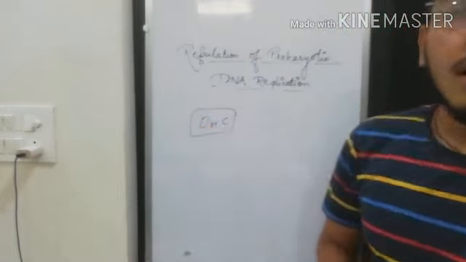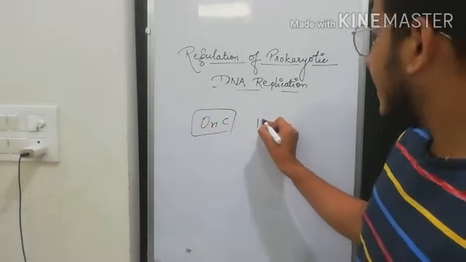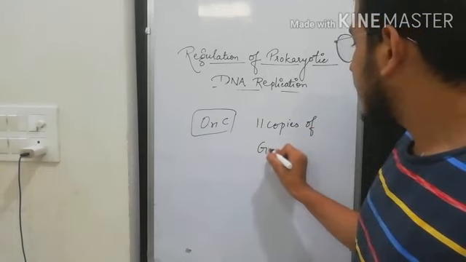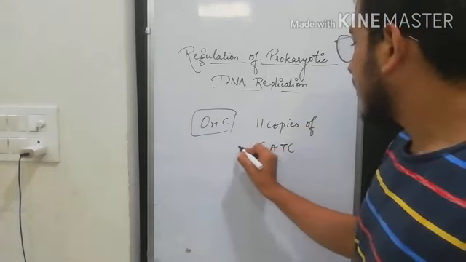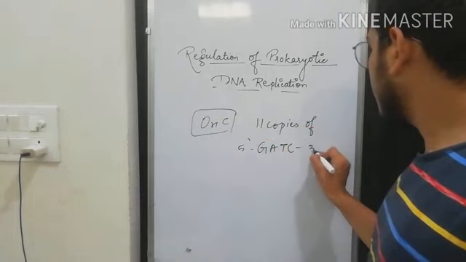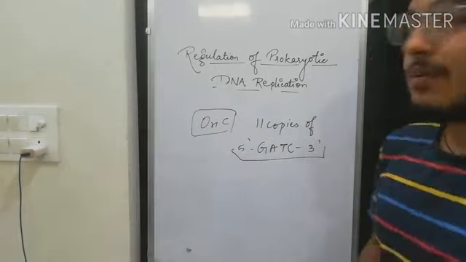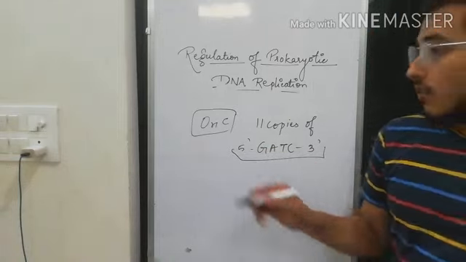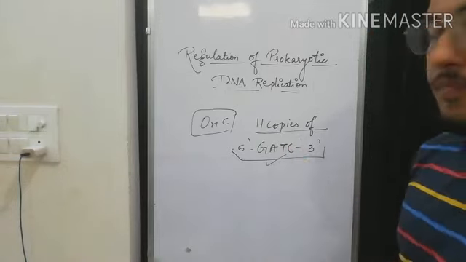oriC. This site has 11 copies of GATC 5' to 3' sequences: guanine, adenine, thymine, cytosine. So 11 copies of this.